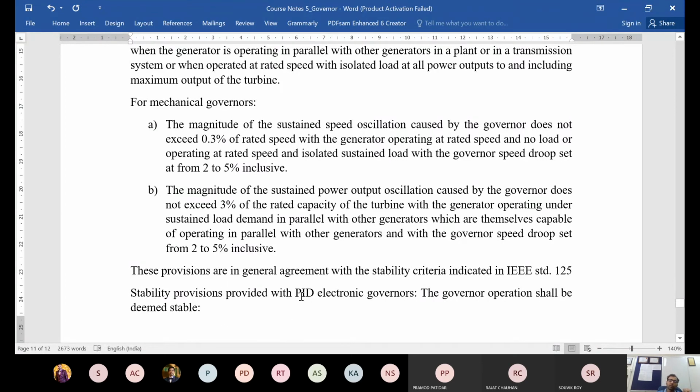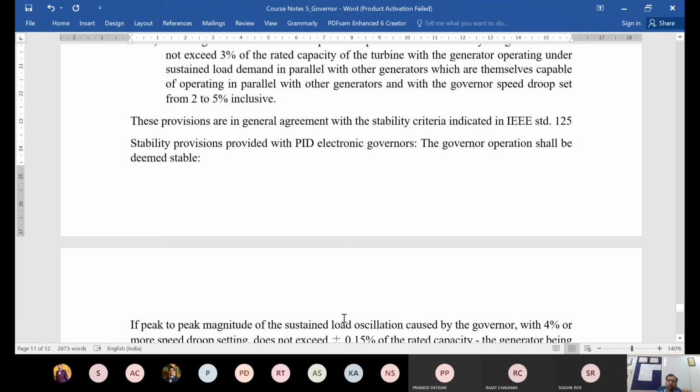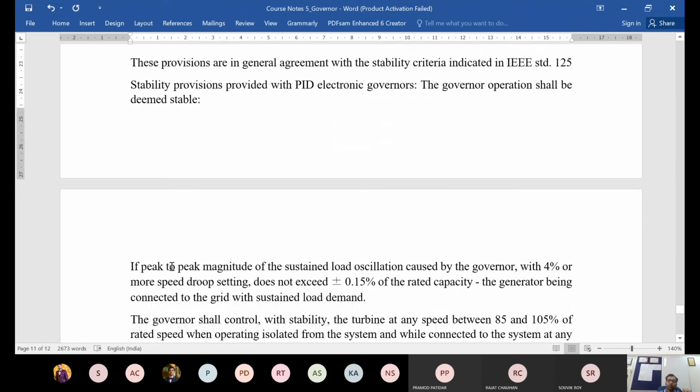Now what we mainly use are the PID electronic governors, and in this case, let's look at the stability criteria. It says here, the governor operation shall be deemed stable if the peak to peak magnitude of the sustained load oscillation caused by the governor, with 4% or more speed group setting, does not exceed plus minus 0.15% of the rated capacity, the generator being connected to the grid with sustained load demand.